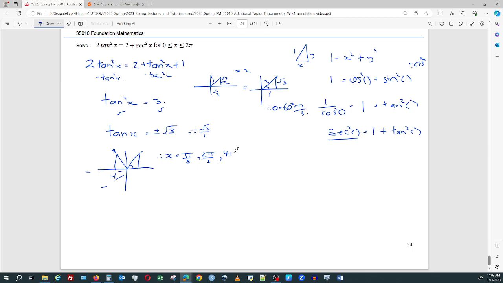Okay, and finally, when we come around to the next area here, with our diminishing triangles, we've got a negative y, but a positive x, so that's one of the negatives. So the negatives are here and here, the positives are here and here. So that's also a count. 1, 2, 3, 4, 5. That's 5 lots of pi on 3. So there's our answer solution.